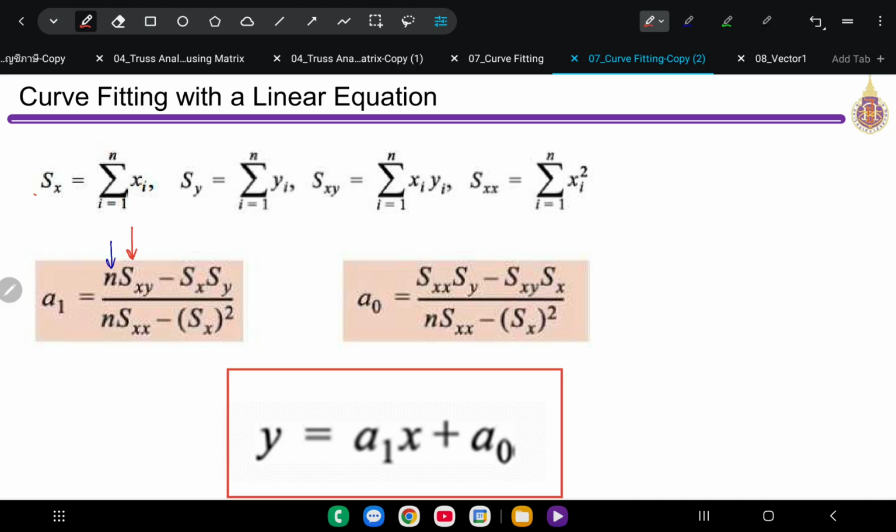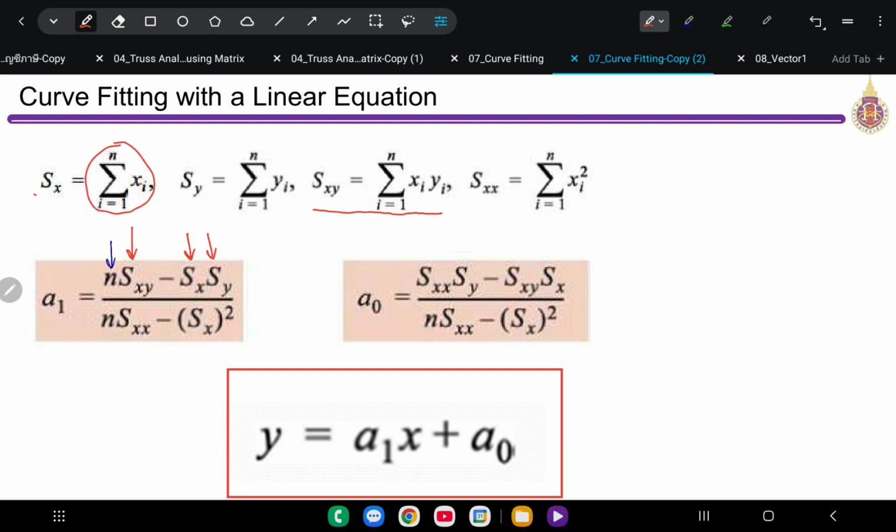Next is Sxy. Sxy is the summation of the product of xi and yi, so you multiply x by y and then sum all of them together. Then you subtract Sx times Sy.